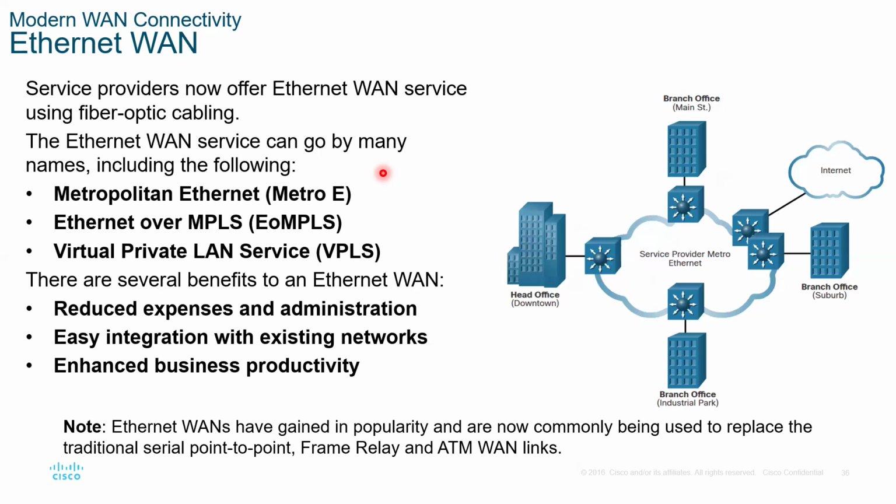So if your local area network is made up of Ethernet, it's an Ethernet local area network, it's very easy to translate that Ethernet local area network to an Ethernet wide area network. And that explains easy integration. If, for example, you have an Ethernet LAN, then for a wide area network, you have frame relay. That's a problem, especially with encapsulation.